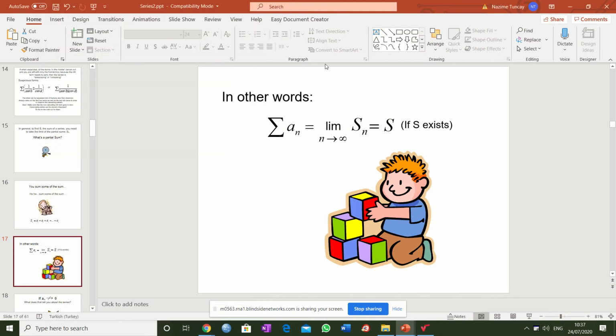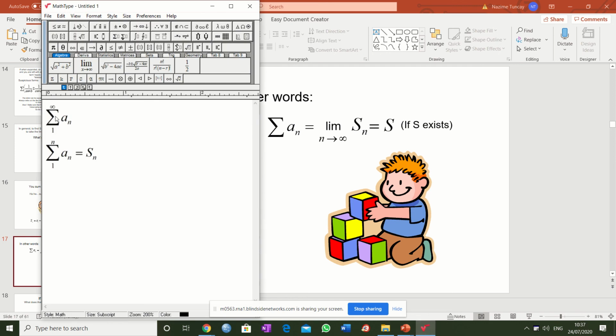And to find the sum of an infinite series, we can take a limit. This here means infinite series. In fact, if we don't write anything, it is an infinite series. If we write the boundaries, we know the lower and upper boundary.